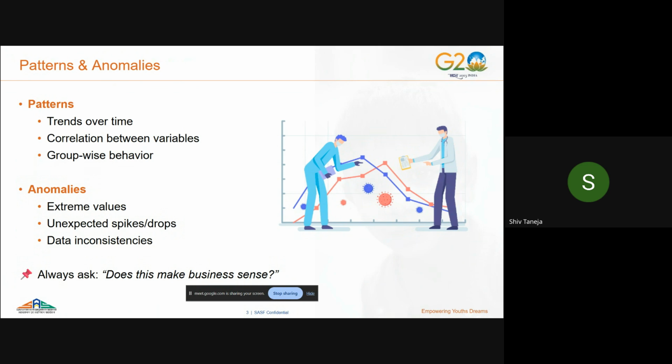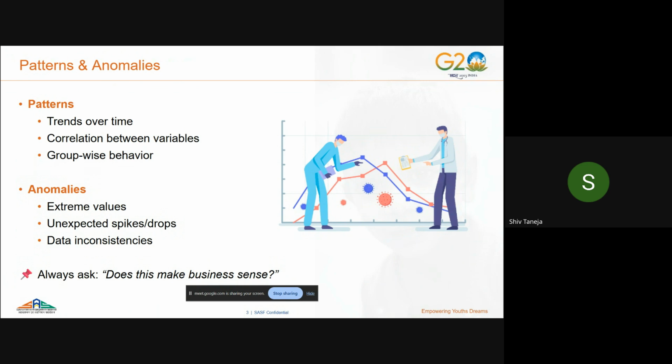Correlation between variables, like we did in the heat map. Group-wise behavior, how particular columns behave when we plot them against each other. And what are the anomalies?